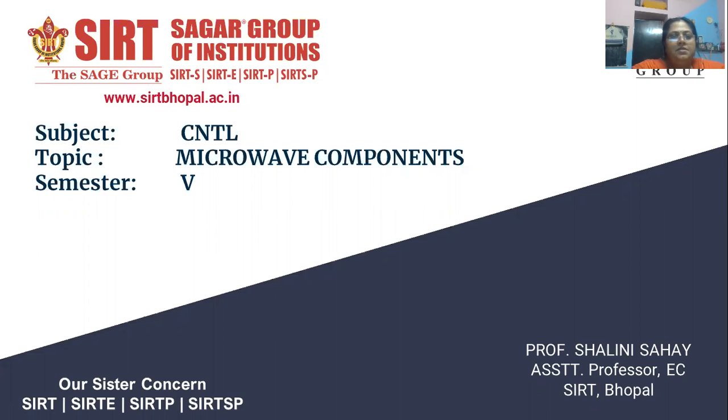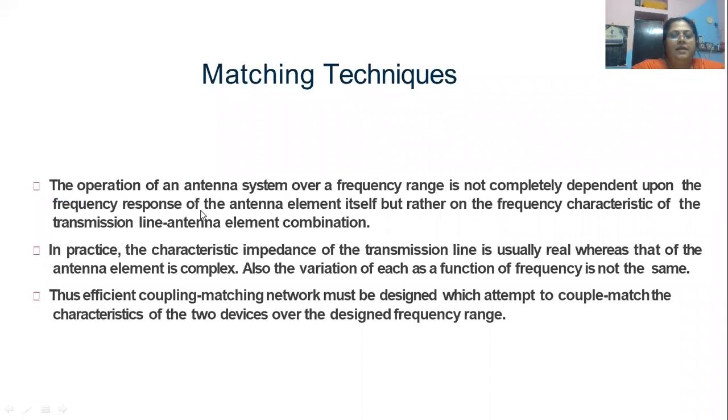Today in this lecture, we are going to discuss the microwave components and the matching techniques. The operation of an antenna system over a frequency range is not completely dependent upon the frequency response of the antenna element itself, but rather on the frequency characteristics of the transmission line and antenna element combination.